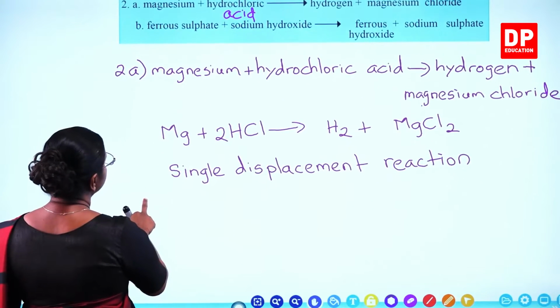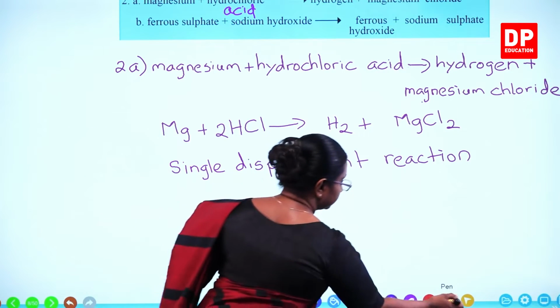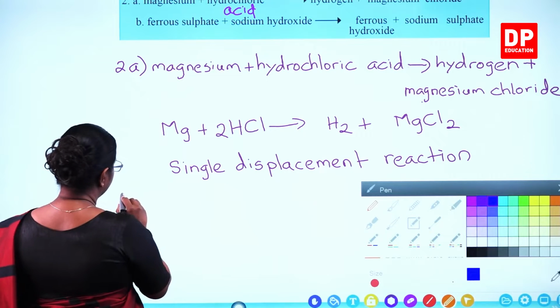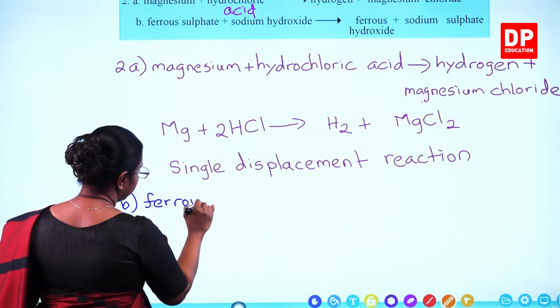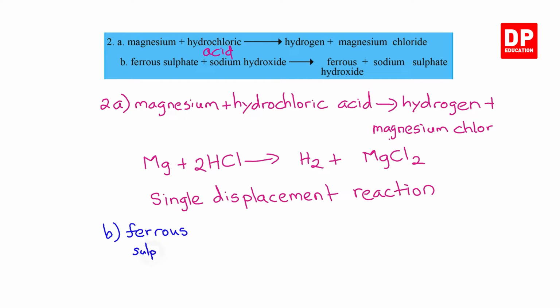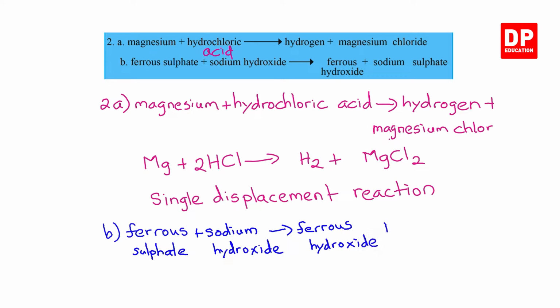Then we have the next one, the B part: ferrous sulfate plus sodium hydroxide, giving rise to ferrous hydroxide and sodium sulfate.